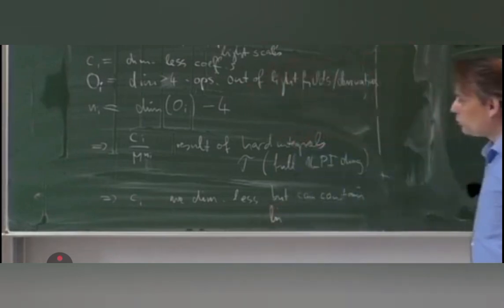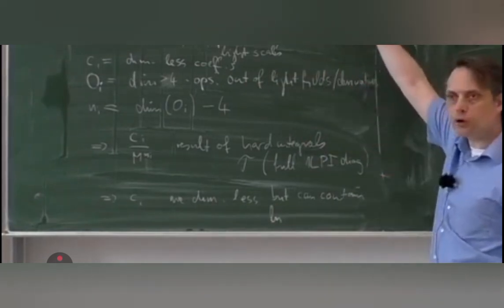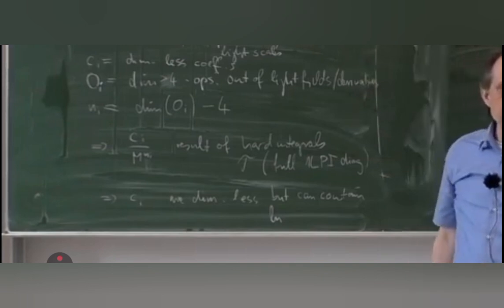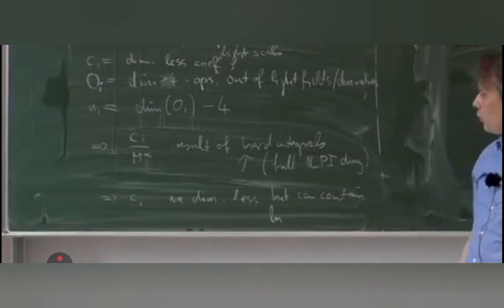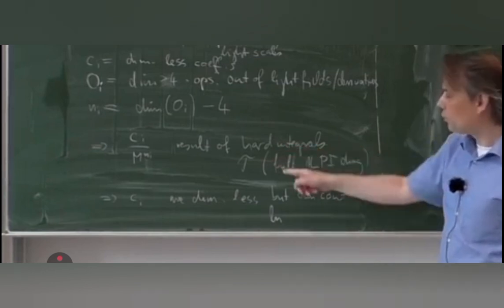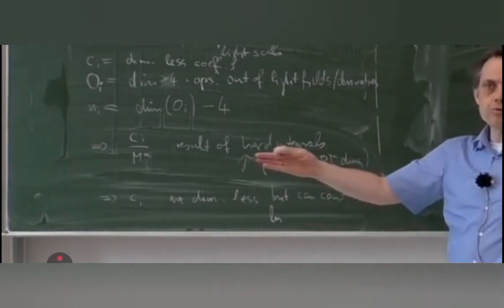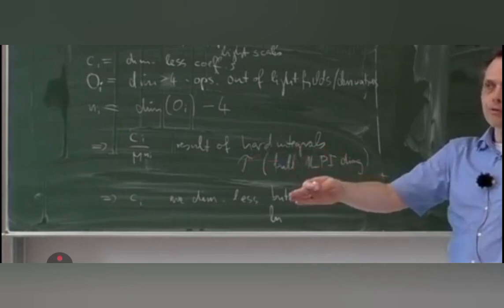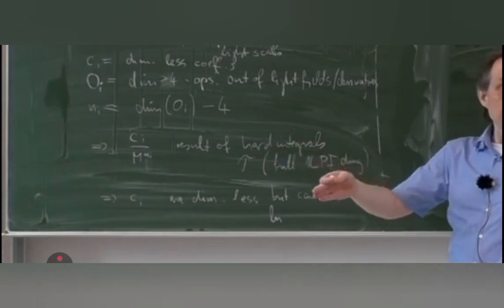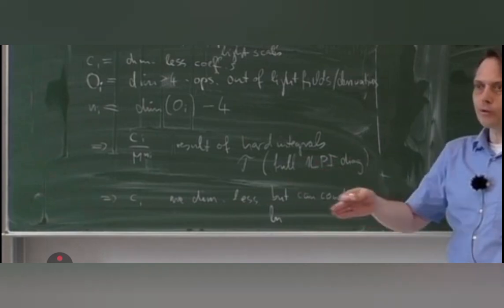Now, which logarithms can be contained in the coefficients in front of the operators in the EFT Lagrangian? The coefficients are the ones obtained from the hard integrals in the method of regions, where you take a full diagram and Taylor expand it such that you get a local term. Which logarithms can appear if you Taylor expand the entire diagram?